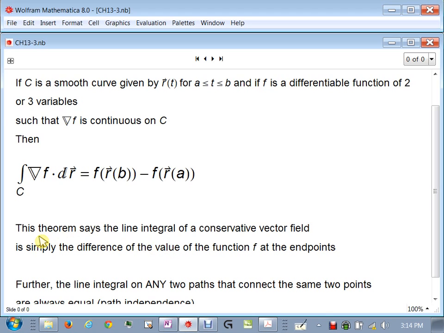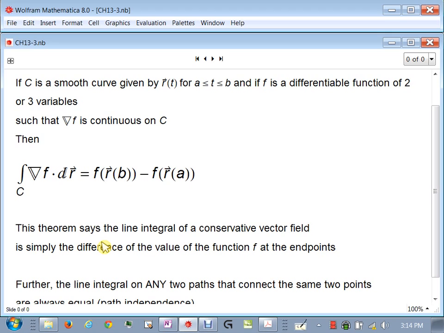Now this theorem says the line integral of a conservative vector field is simply the difference of the value of the function at the endpoints. What was a conservative vector field? A vector field is called conservative if it's the gradient of some scalar function.